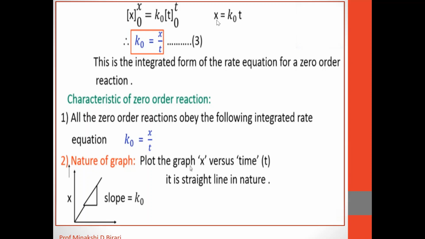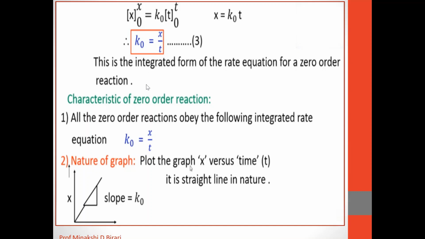Therefore, x is equal to K0 into t, or K0 is equal to x upon t. We give this equation number 3. This is the integrated form of the rate equation for a zero order reaction. So K0 is equal to x upon t.